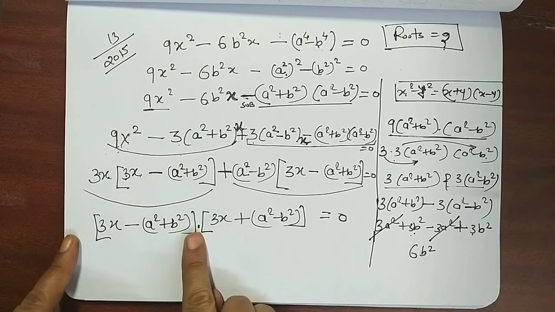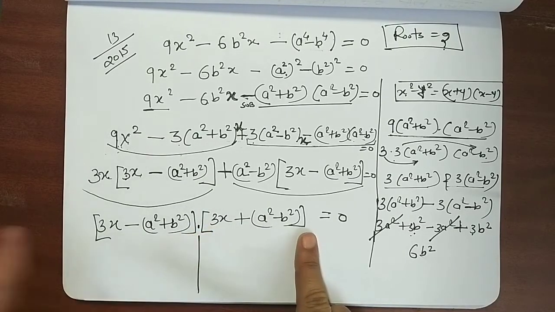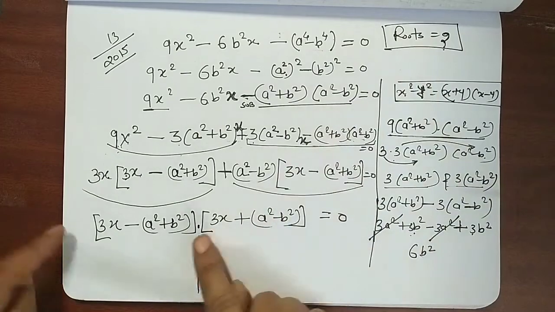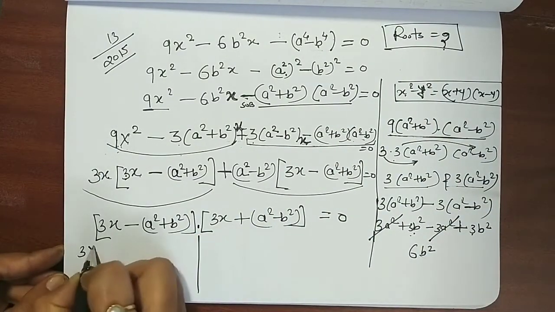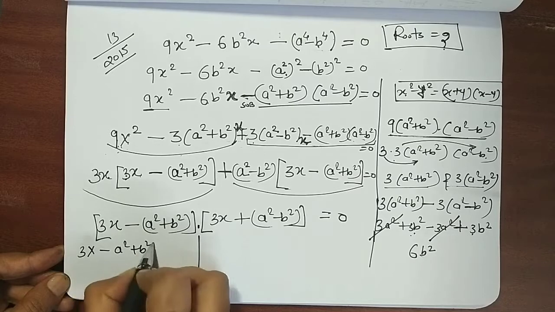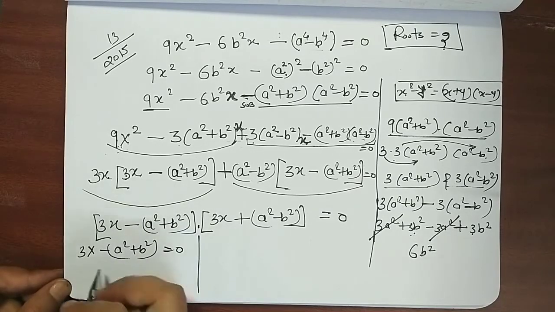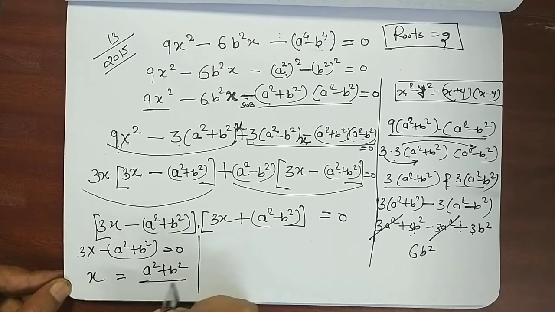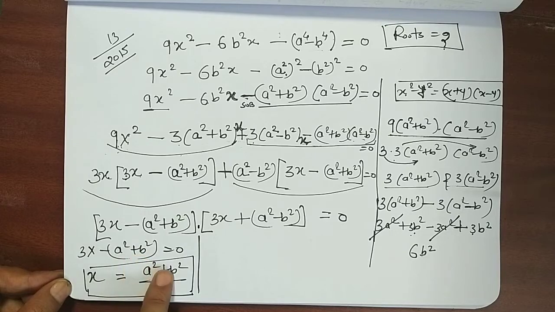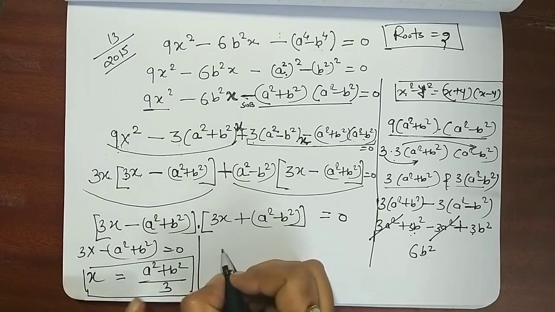This is my first factor, this is my second factor, and to get the roots, what are the steps? Put the factors equal to 0. So I am all set to put 3x minus a square plus b square as 0. So I hope you understood. x will be a square plus b square by 3. Why? Because a square plus b square will go that side and divided by 3. So this is the first root.